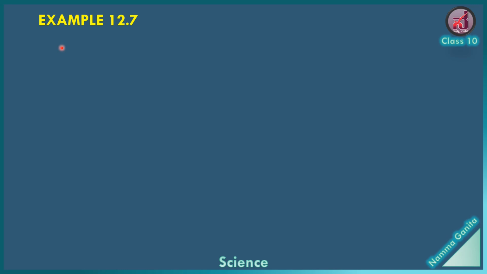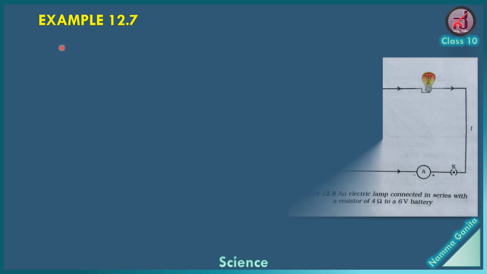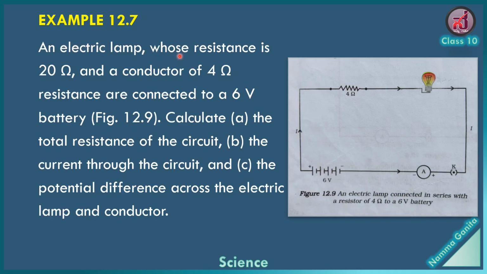Dear children, let us consider one problem based on series combination. An electric lamp whose resistance is 20 ohm and a conductor of 4 ohm resistance are connected to a 6 volt battery.